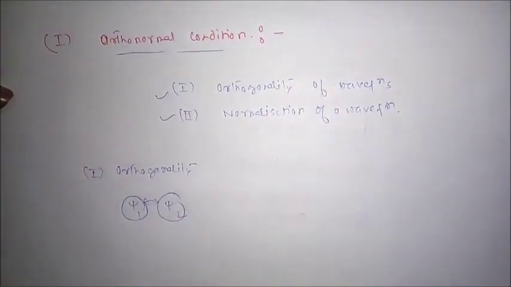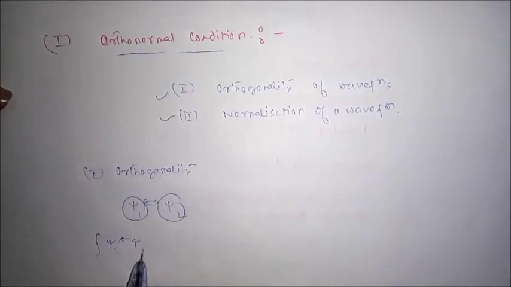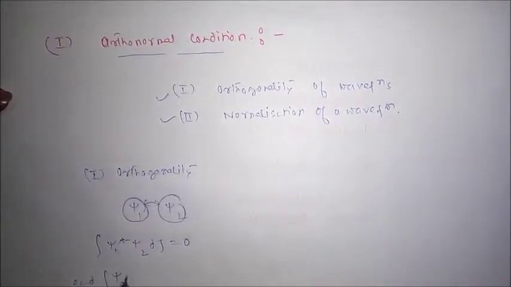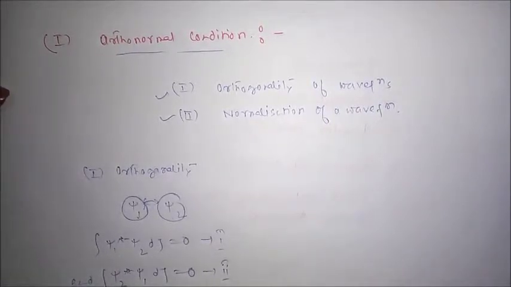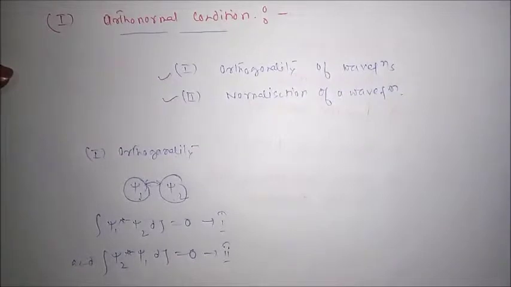That is, integration over psi1 star, that is the complex conjugate of psi1, and psi2 d tau equal to 0, and psi2 star psi1 d tau equal to 0. If these two conditions are satisfied, then psi1 and psi2 are said to be orthogonal to each other.